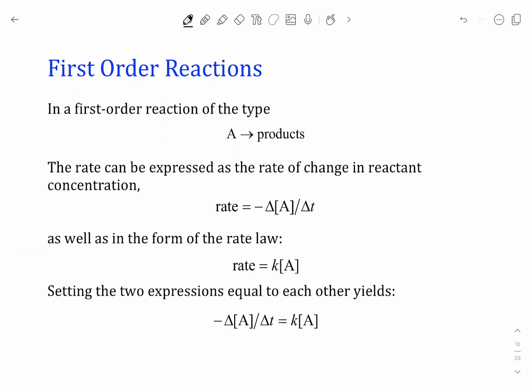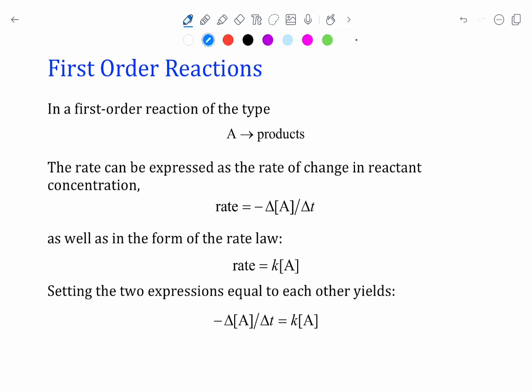In a first order reaction of the type A, the reactant that is contributing to the reaction order proceeds to products. We can express that rate as the rate of change in the reactant concentration using our rate expression.